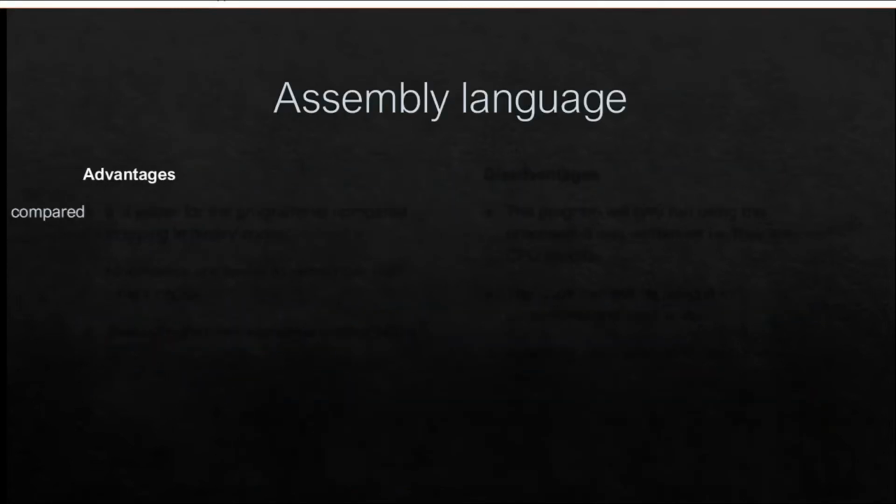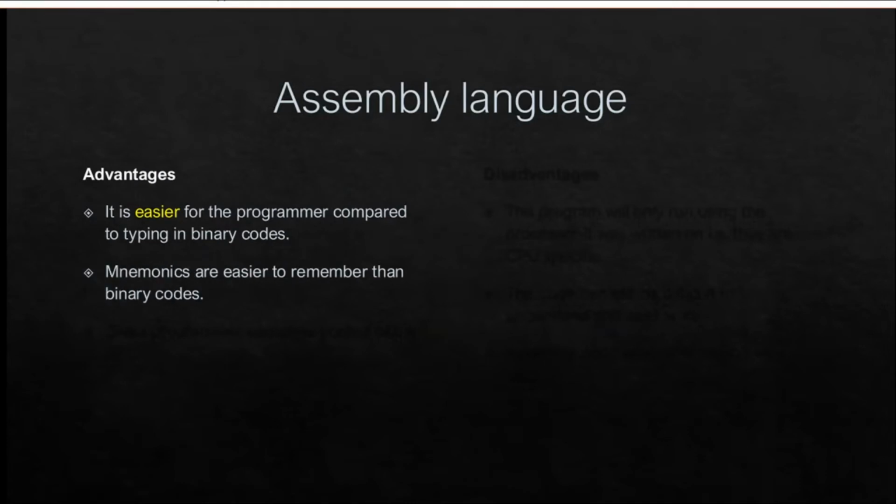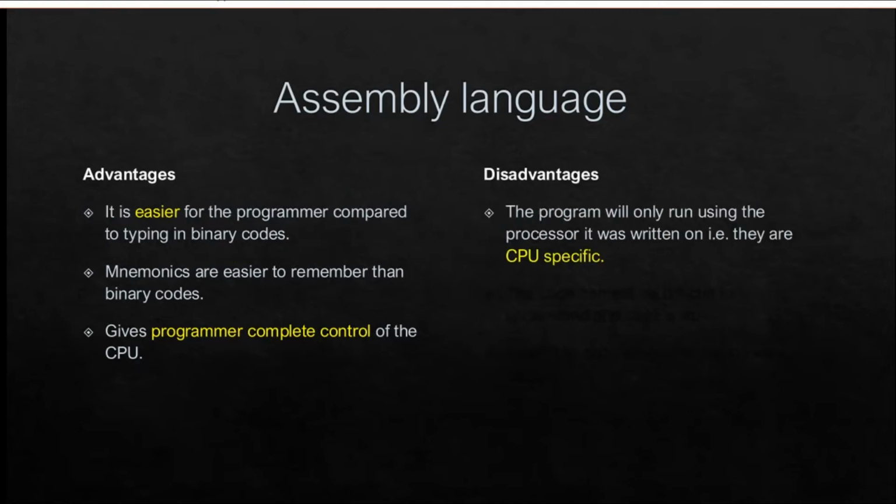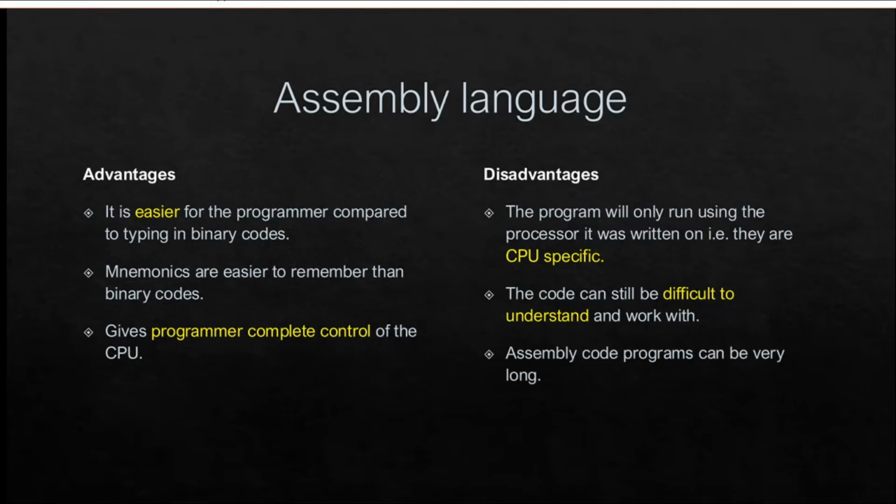So in assembly, it's easier to code, with easier to remember mnemonics, so you don't have to keep looking them up, and you have complete control of your CPU. But it's still CPU specific, and the code can be quite difficult to get your head around if you're not used to that kind of environment. And assembly programs tend to be very, very long, partly because of this one-to-one relationship between the instructions that you write and the machine code commands that have to be carried out.